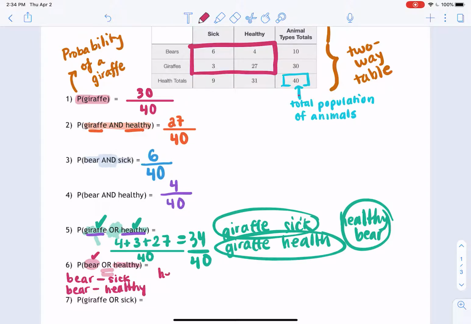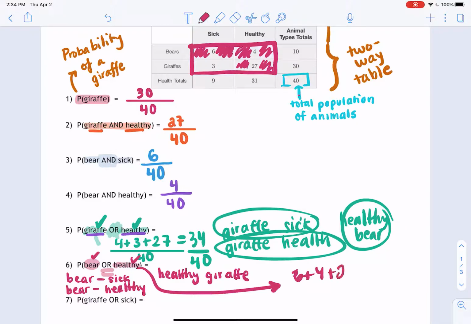Or healthy giraffe, because that fits the healthy category. So we're going to shade in all of the healthy boxes and all of the bear boxes. And the only one that's left is the sick giraffes. And so the probability of bear or healthy is going to be 6 plus 4 plus 27 out of our total population of 40, which is equal to 37 over 40.